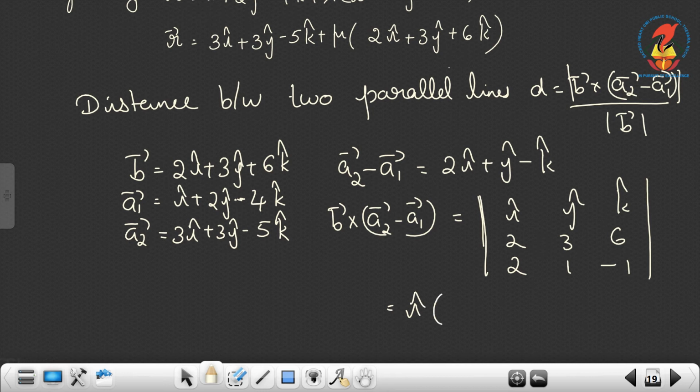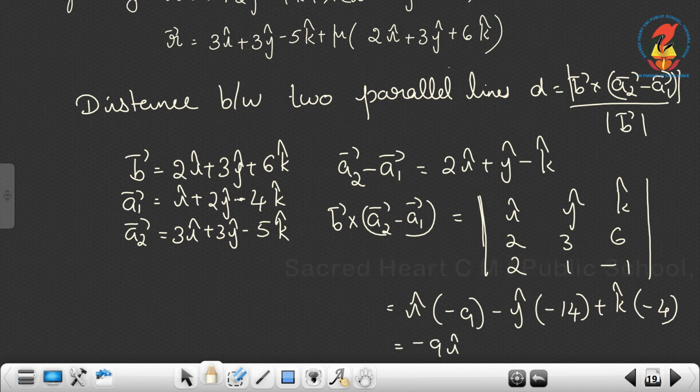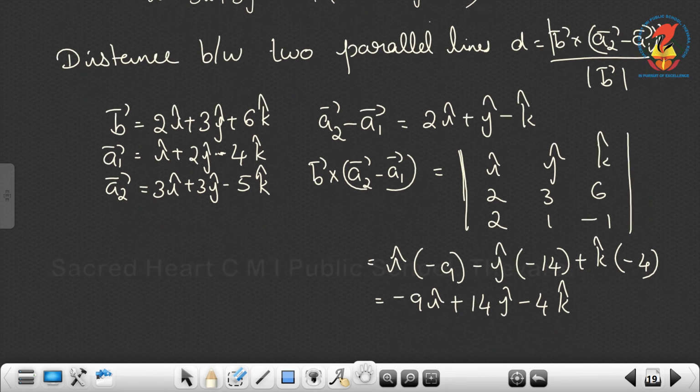So i into minus 9, minus j into minus 14, plus k into 2 minus 6. So minus 9 i cap plus 14 j cap minus 4 k cap. That is B cross (A2 minus A1).